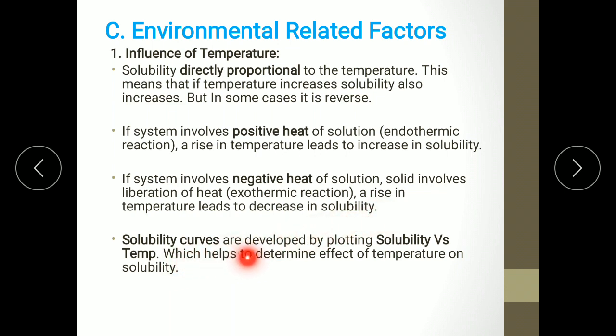Now solubility curves are developed by plotting solubility versus temperature, which helps to determine the effect of temperature on the solubility. These solubility curves again we have to see in the future lectures.